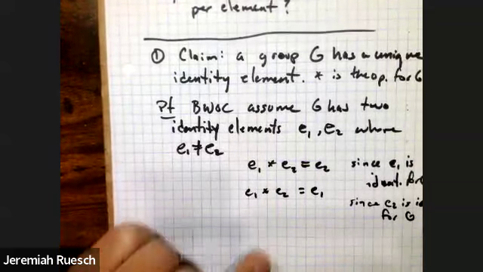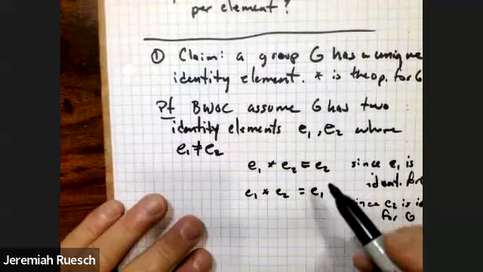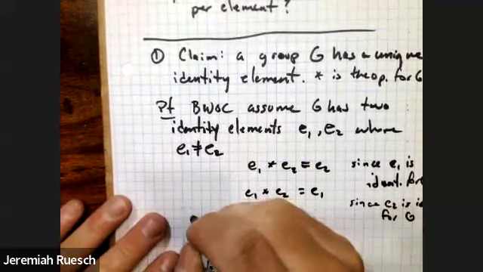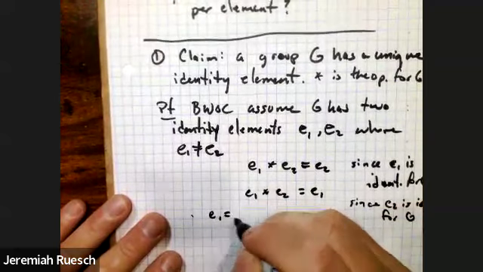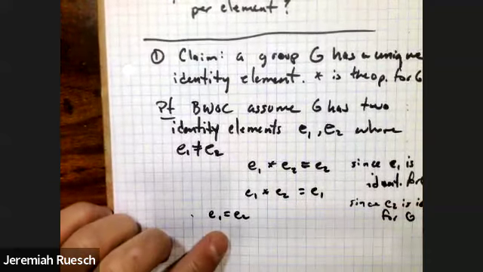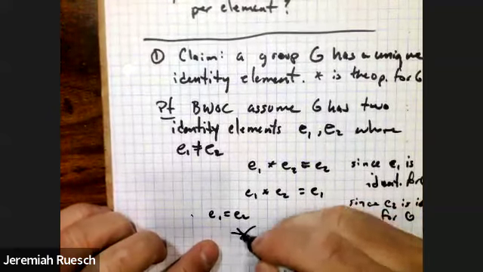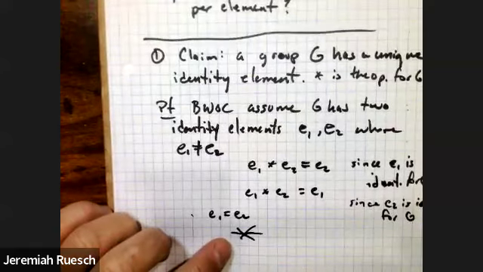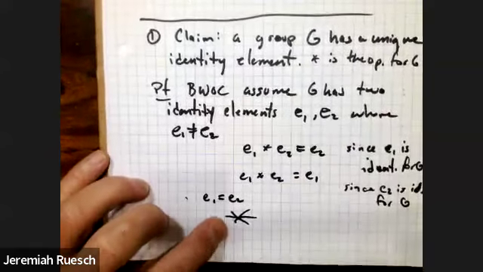And so what you see here is that in fact e1 is e2, but this is the contradiction that we were expecting to get.